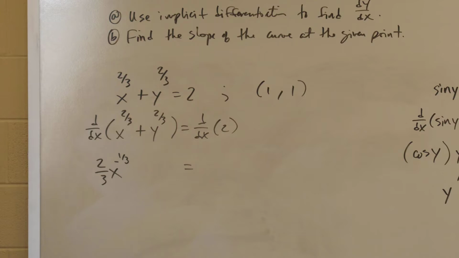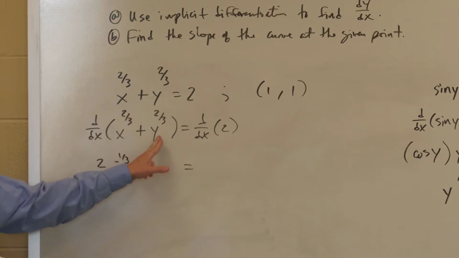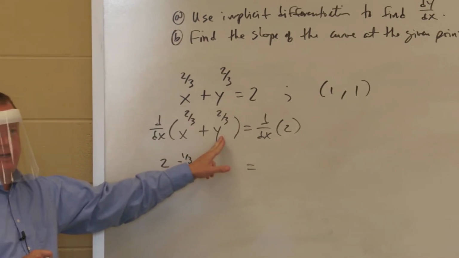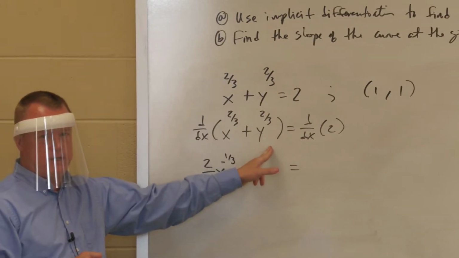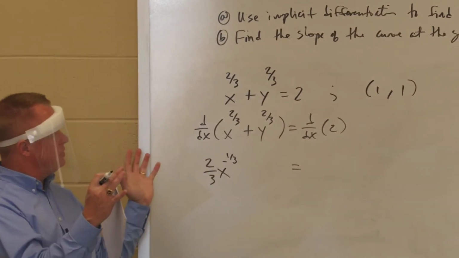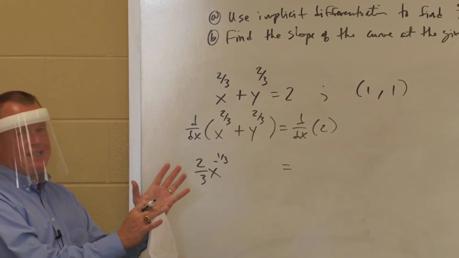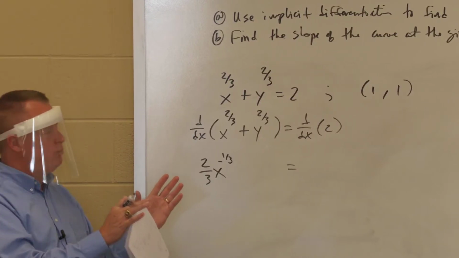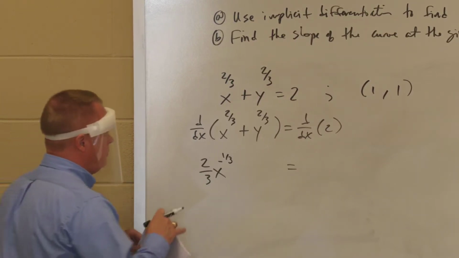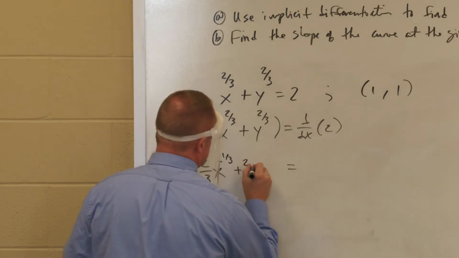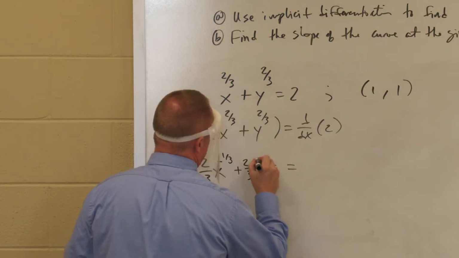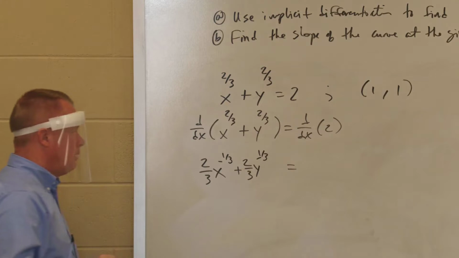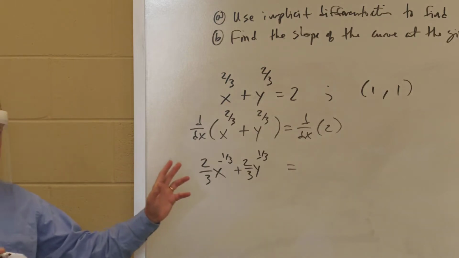Now this one I've got y. So here I've got chain rule, really. The big outside function is that power 2/3, and I've got y inside. So the derivative would be 2/3 y to the negative 1/3, but I have to multiply by the derivative of the inside, which is y.